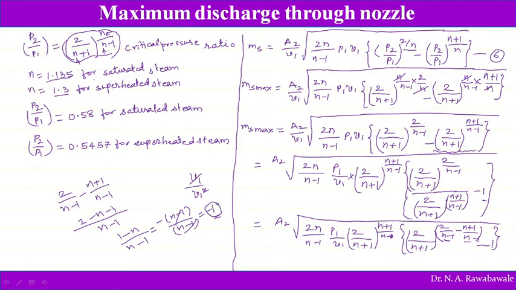Minus 1 means this 2/(n+1) can be reversed. The reciprocal of this can be taken, and this can be written as (n+1)/2. That we will do in the next slide.